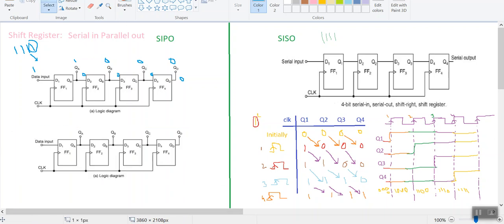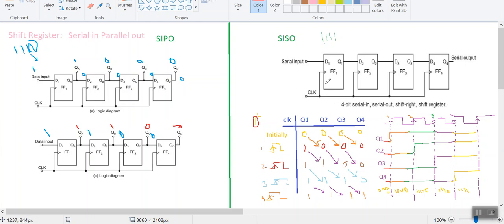Here you can observe the previous state outputs are 1 0 0. Again I am giving my input, so I am getting my outputs at these positions as 1 and 1 and 0 and 0. This is what I am getting at each flip-flop. I am getting my outputs simultaneously. We are not waiting until the last position.